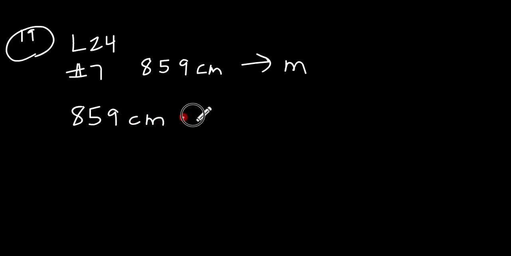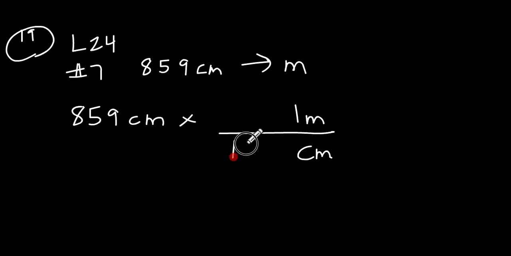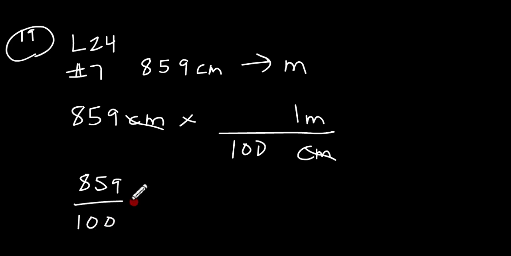We're going to use 1 unit multiplier. You're going to put centimeters in the bottom. We want it to go into meters, so the meters will stay on the top. There's 100 centimeters in 1 meter. So you keep what's on top on the top, what's on the bottom on the bottom. These cross out, over 100 meters.